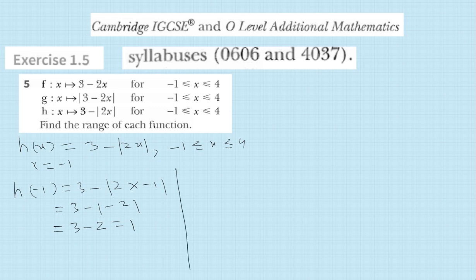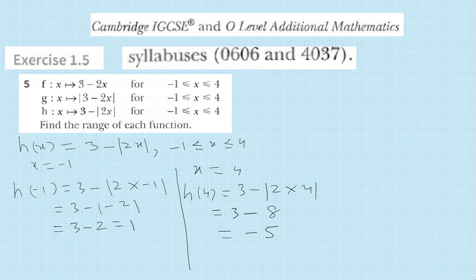If we put x = 4, then h(4) = 3 - |2 into 4|. 2 fours are 8 and the absolute value of 8 is 8. 3 minus 8 is minus 5. Can we get a value which is smaller than minus 5? No, not possible. You can check.